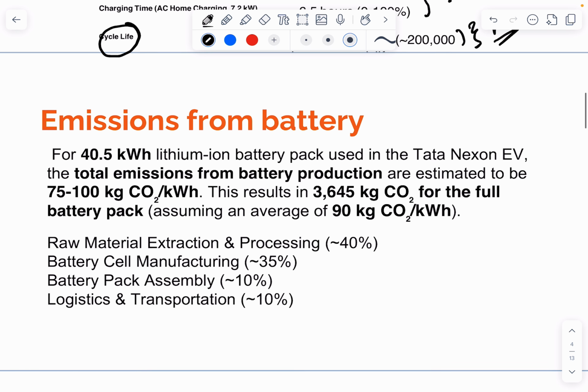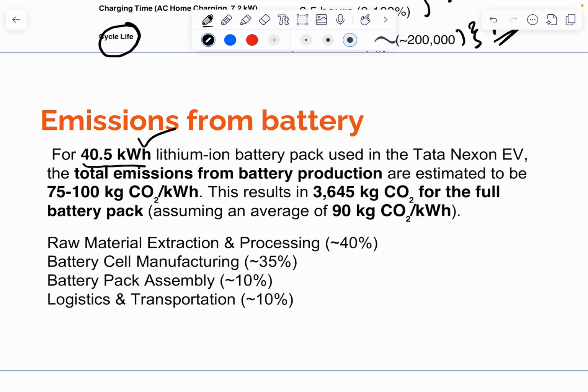So here are some calculations. As I said, we were talking about a battery of capacity 40.5 kilowatt hours. When you want to have this battery, I looked into the numbers as to how much is the emissions when you manufacture the battery.